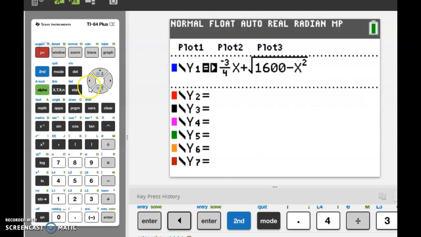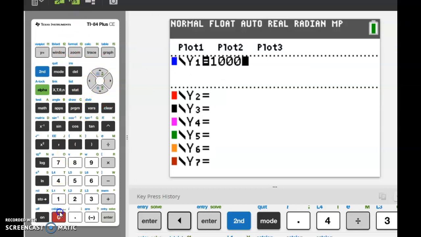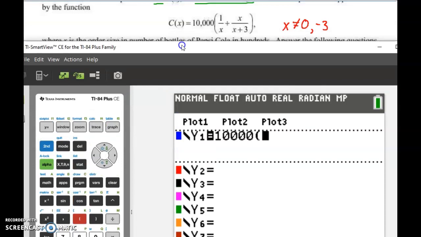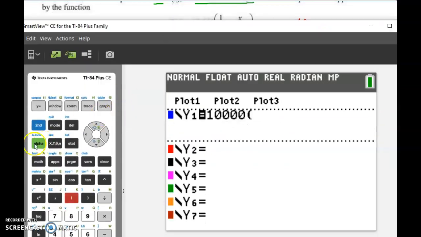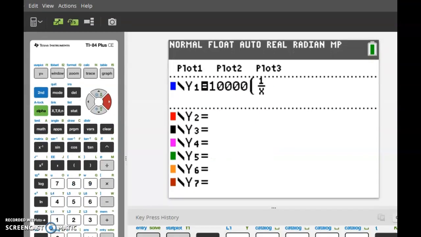Go to y equals, and type in that equation. I think it was 10,000, wasn't it? Yeah. 1 over x, and then plus x over x plus 3.